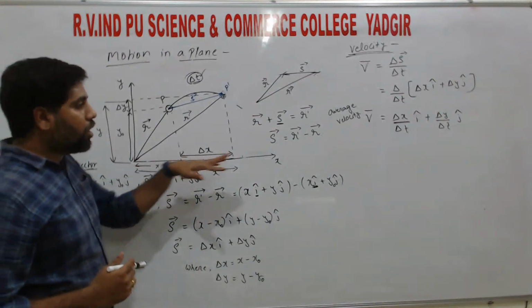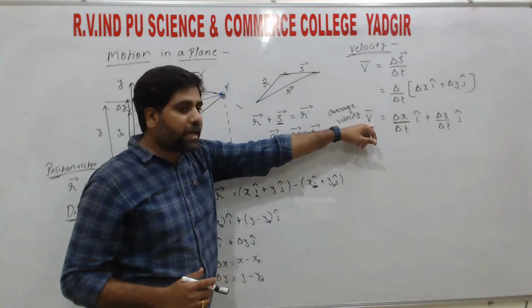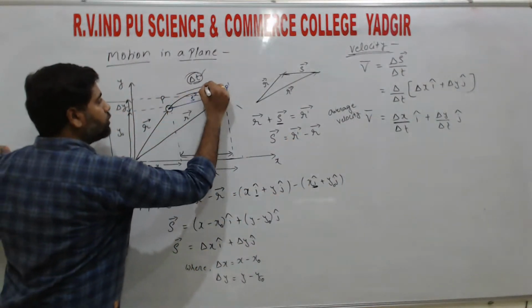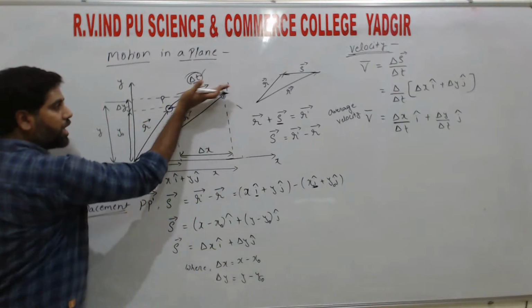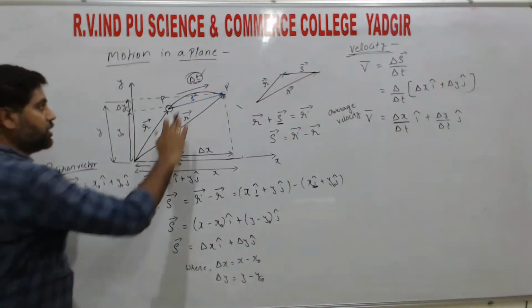So now the direction of this velocity. So this gives us the magnitude, right? Next, the direction of this velocity is in the same direction as the displacement vector, right? Whichever direction the displacement vector is in, the direction of the average velocity is also the same.